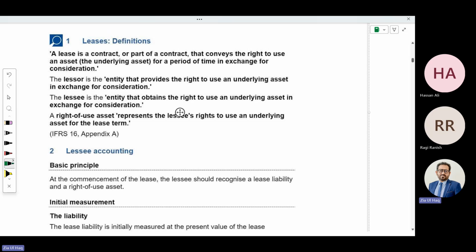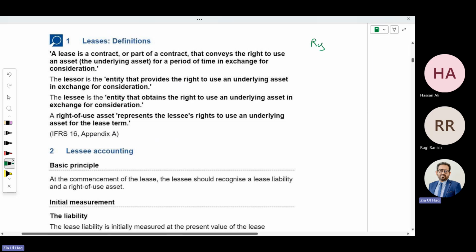A lessor, who is lessor? Entity that provide the right to use an underlying asset in exchange for consideration, mean who is transferring the asset. Lessee, who is receiving the asset. Entity, could be person, could be company. Entity that obtains the right to use an underlying asset in exchange for consideration.